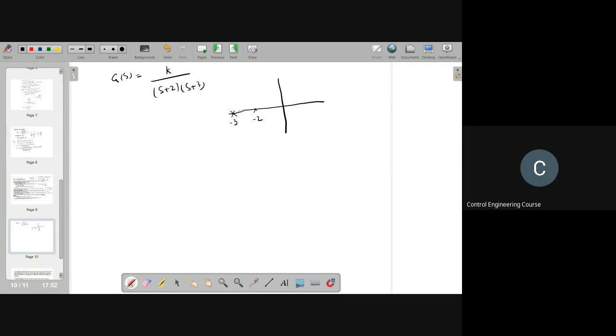So this is the first step. Whenever we are given an open loop transfer function, we need to mark the poles and zeros on the s plane.